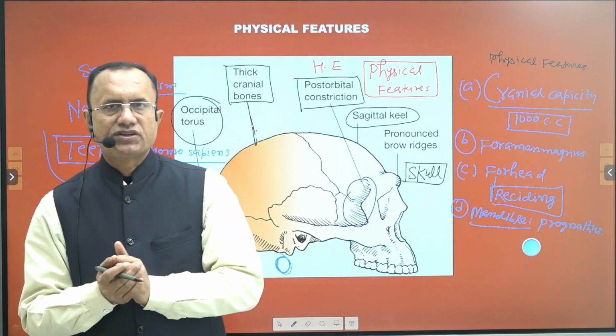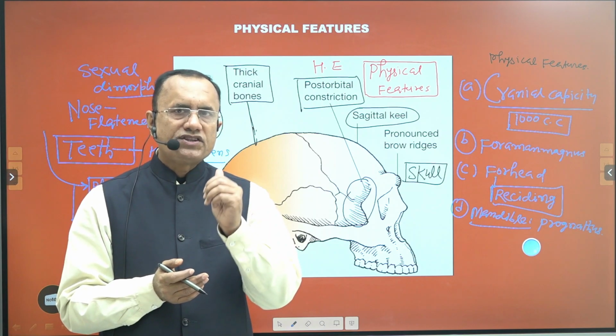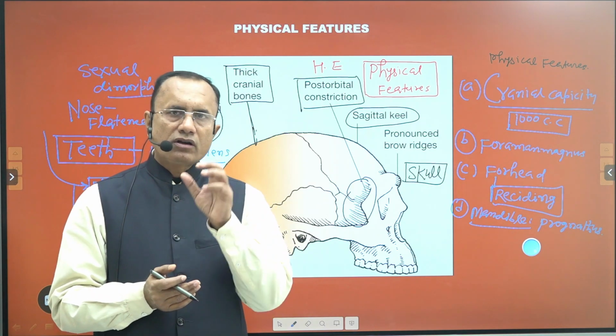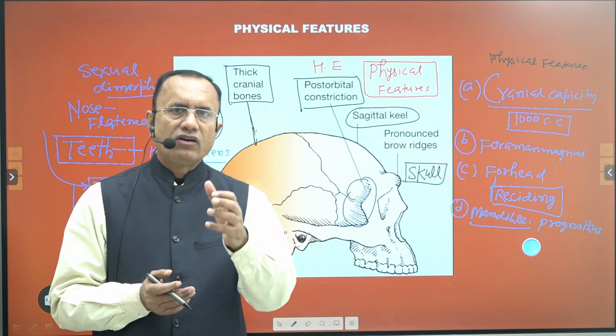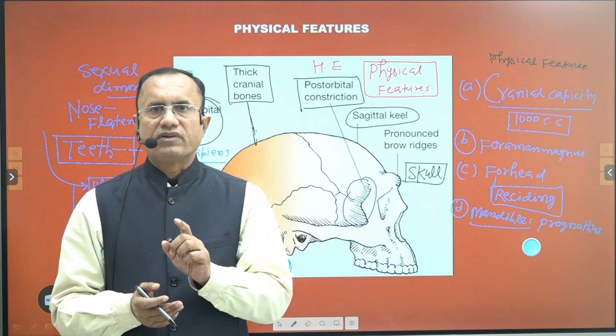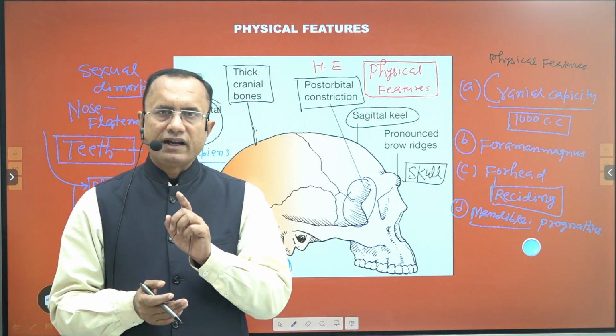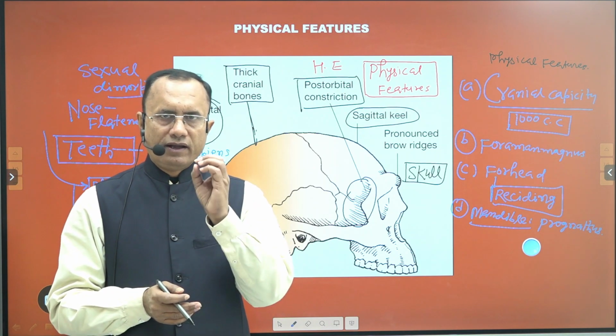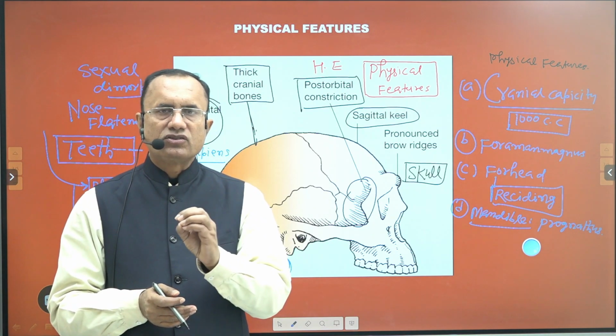Always remember that. You have to write 10, 11, 12 physical features, not 20 or more than 20 related to Homo erectus or any fossils, right? Always remember that thing, that is very important if you want to write about the physical features related to any fossils.